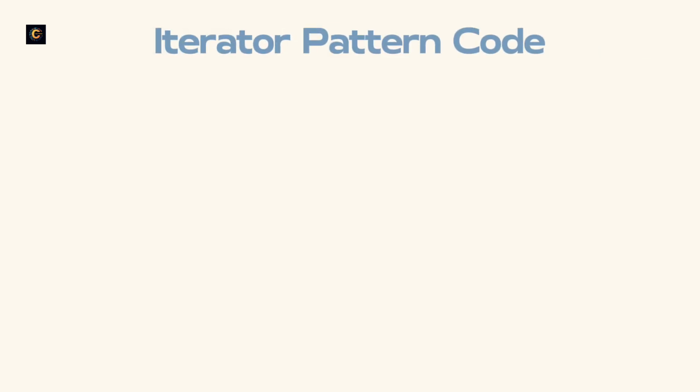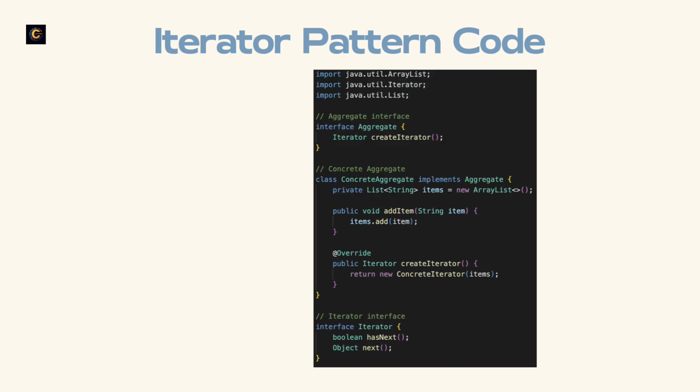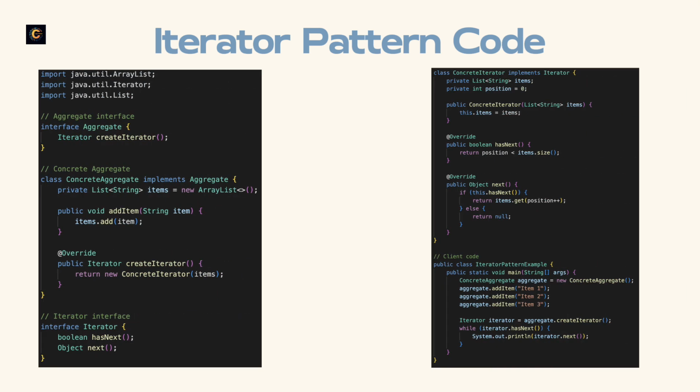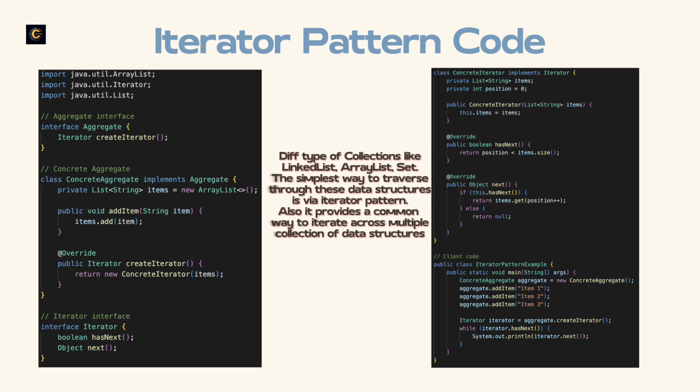Now let's move on to the iterator pattern. Here is the iterator pattern, which allows us to traverse through a collection without exposing its internal details. Now let's see how this code works. First of all, in this code I have made use of the iterator interface, whose functionality is directly provided. No need to be scared of this iterator.